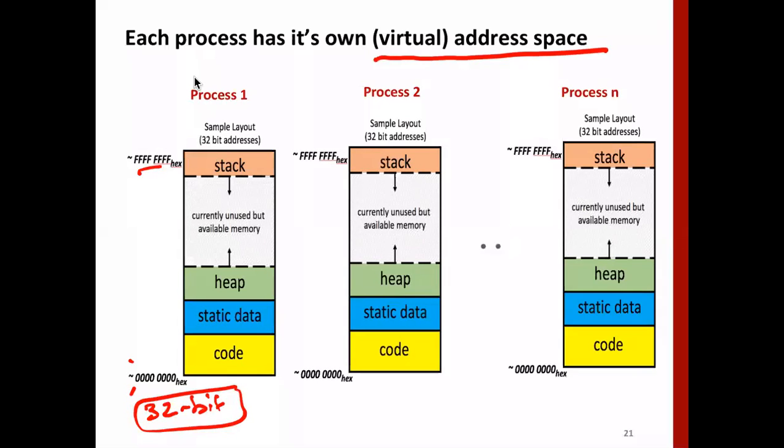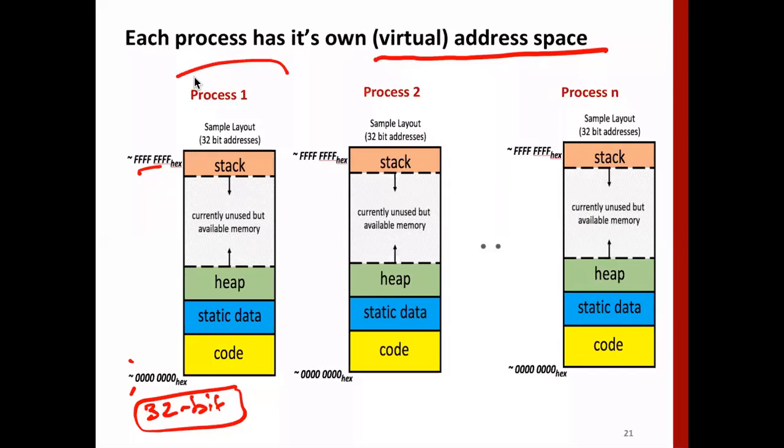This is an assumption. However, that's not possible. This is the view that the process has, but it has to go somewhere in main memory. Not everything can be there, so how do you then map? Because the process assumes that that's all it has.